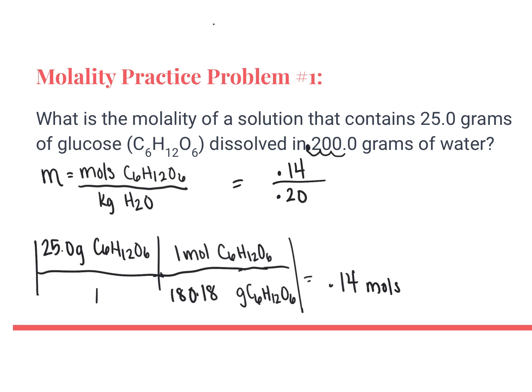Either way, we should all get to 0.2000. Okay. All right, so now we just divide it. What's 0.14 divided by 0.2000? 0.7? Good. Okay, so the molality is 0.7. The unit is like a mole per kilogram.